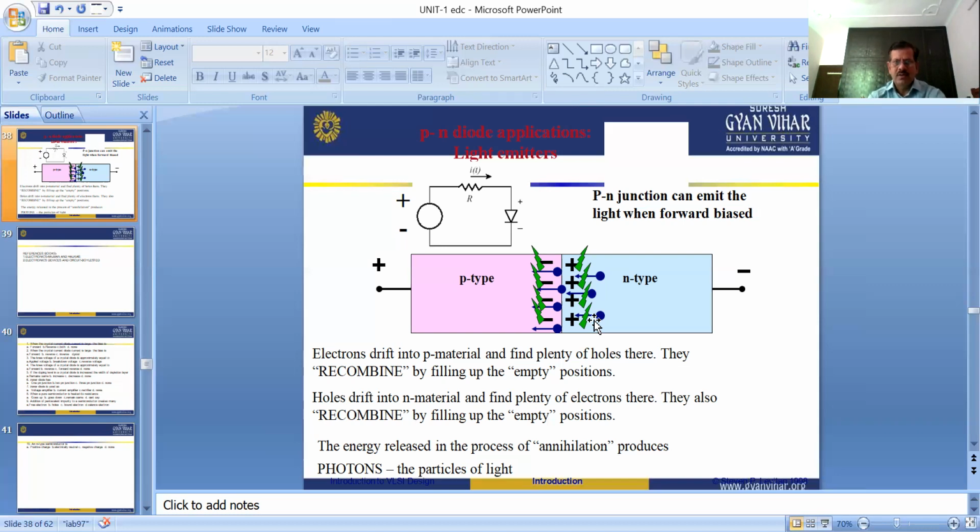Now we come to the application of the PN junction diode. The PN junction diode is simply used for rectification. Rectification means converting an AC signal into a DC signal.